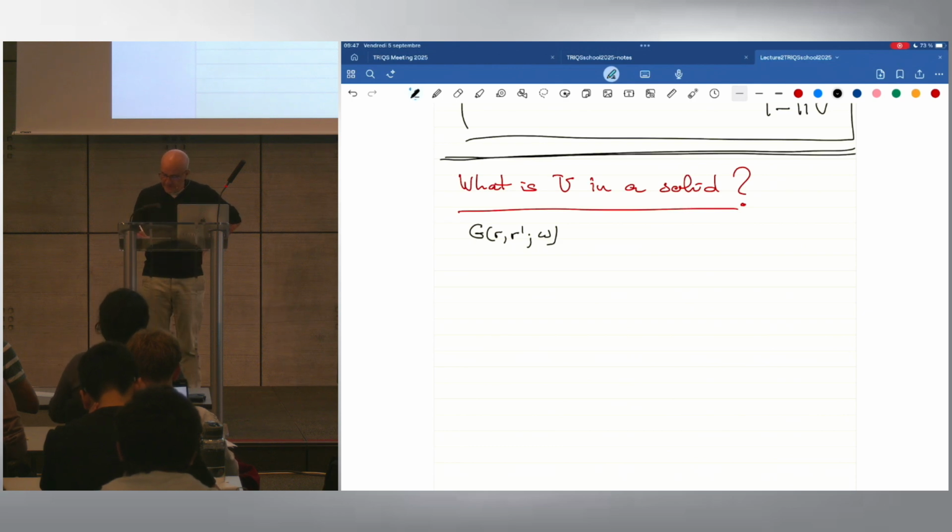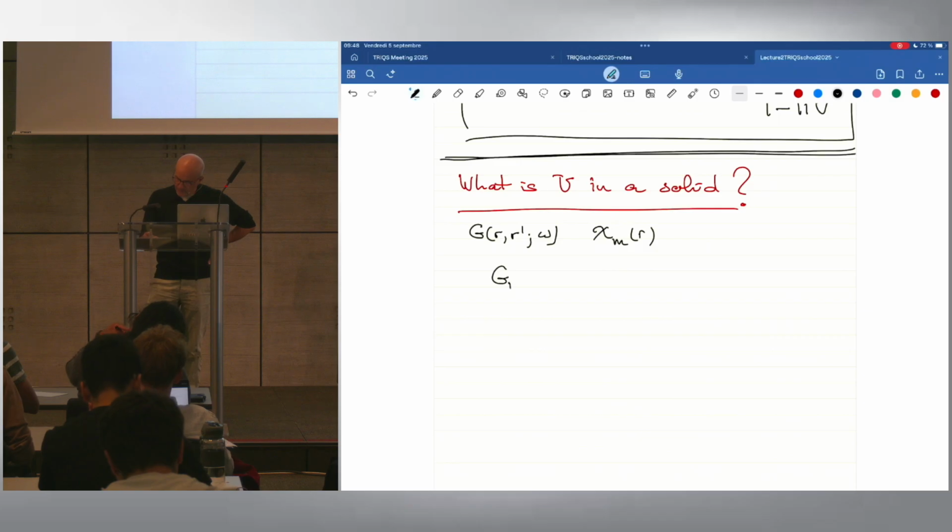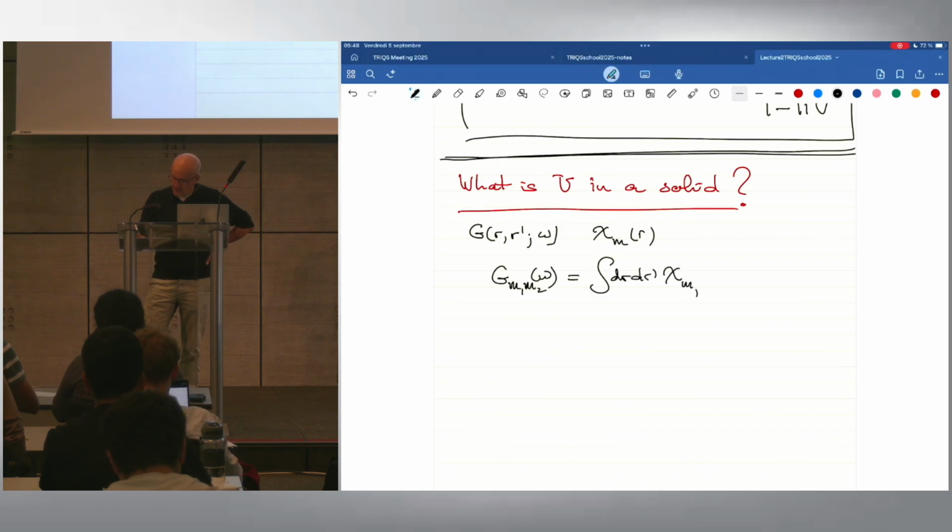Let me call them chi_m of R. Then I can do the projection of my full Green's function onto my correlated subspace by doing G_{m1,m2}(omega) equal to the integral dr dr' of chi_{m1}^* of R, G of R, R' and omega, chi_{m2} of R'.